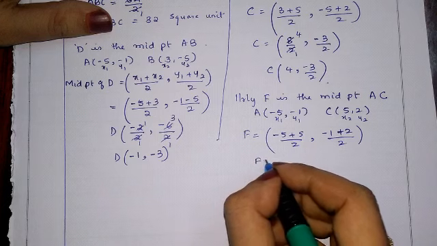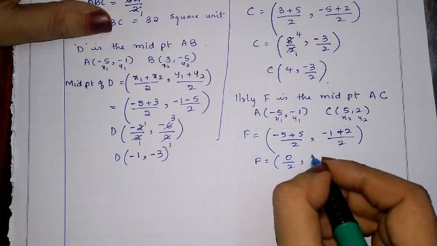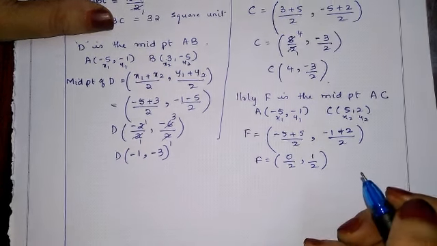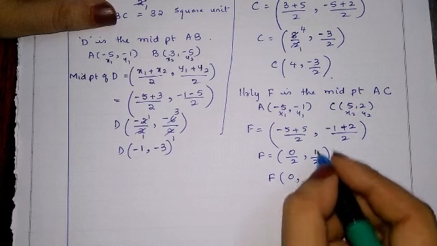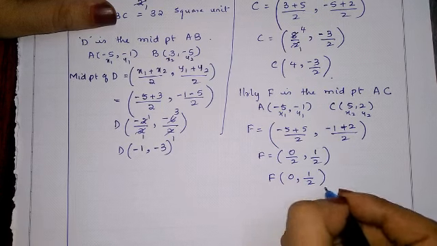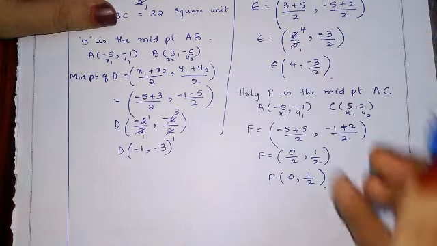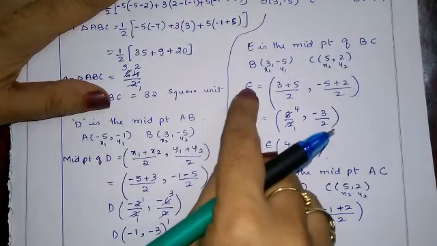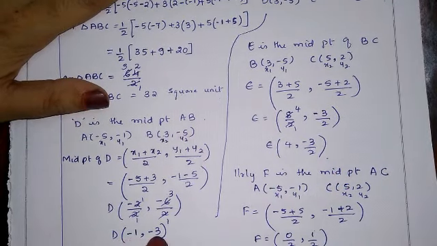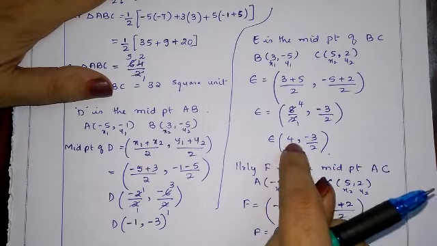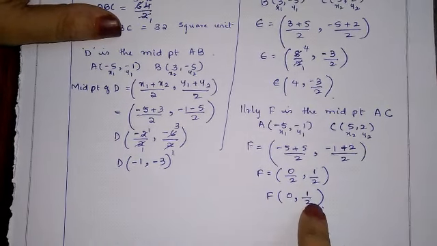F point we got 0 by 2 comma 1 by 2. 0 by 2 is 0, 1 by 2 we keep as it is. D, E and F we got. I have written C by mistake here. D point minus 1 minus 3, E point 4 minus 3 by 2 and F point 0 1 by 2.